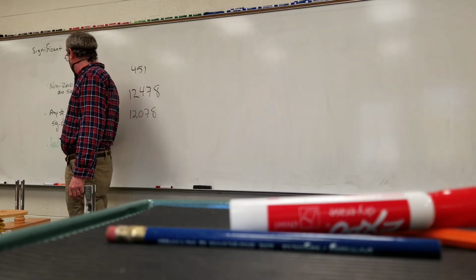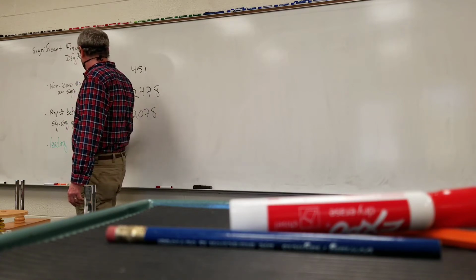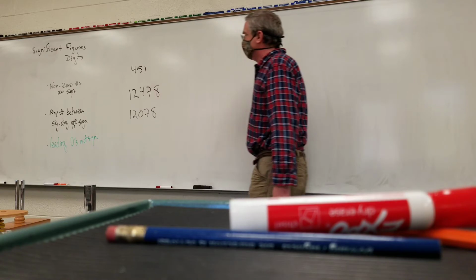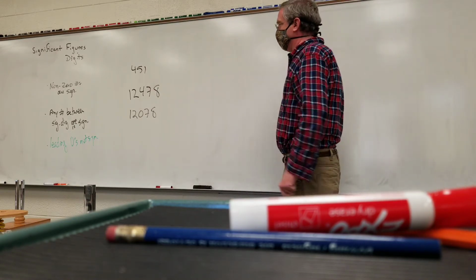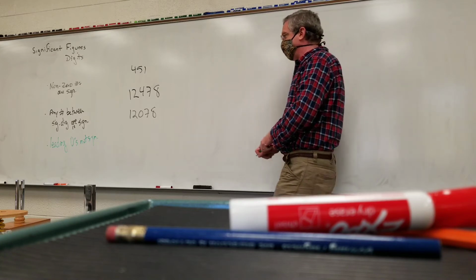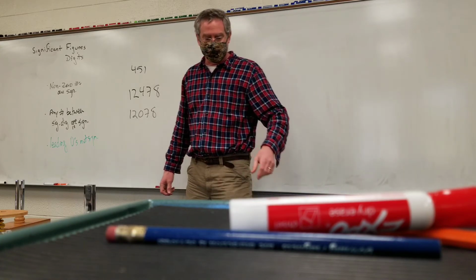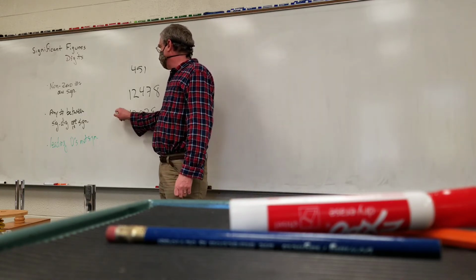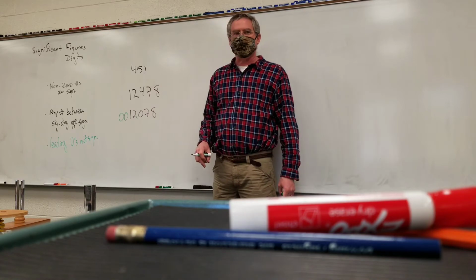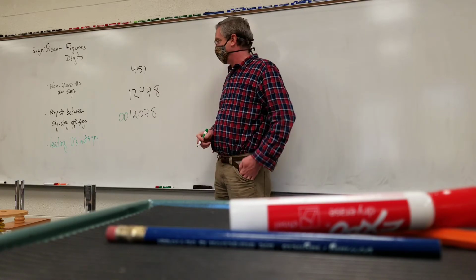Leading zeros, not significant. So you're cruising along, you eventually hit a non-zero number. Any of the zeros in front of that, I don't really care as far as significance goes. They have a bearing in terms of units and such. But if I stick some zeros up front here, that doesn't do anything to change the precision of the number or the number itself.